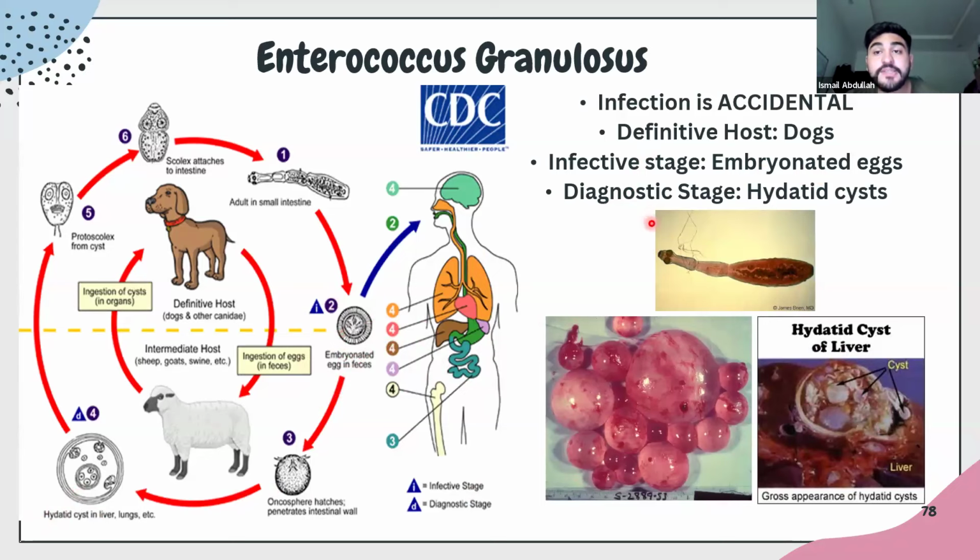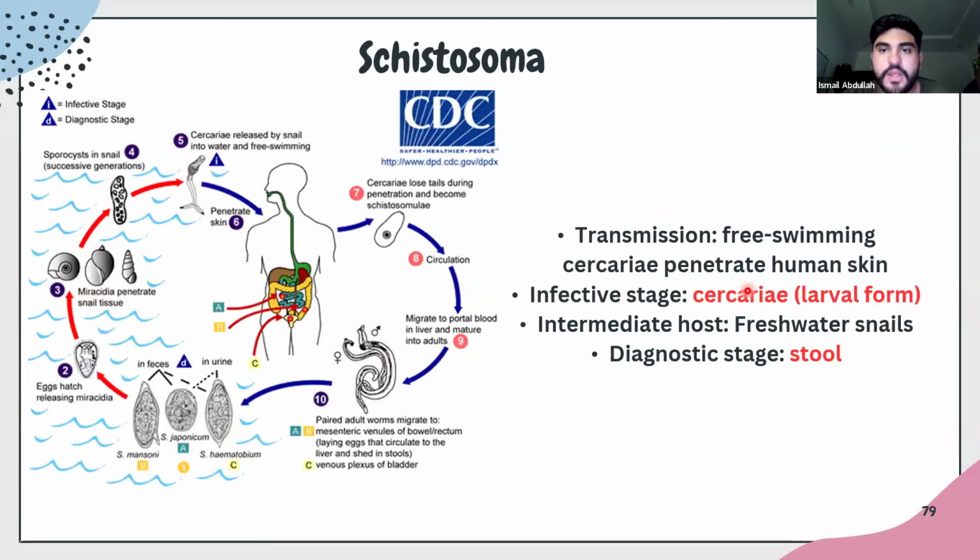The diagnostic stage is the hydatid cyst. It could be in the liver, it could be in the lung, it could even go all the way to the brain. But yep, a hydatid cyst is the diagnostic stage for Echinococcus granulosus. I hope this is very clear.